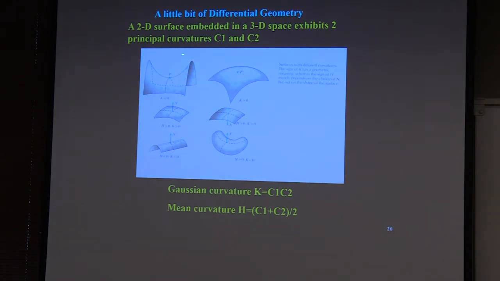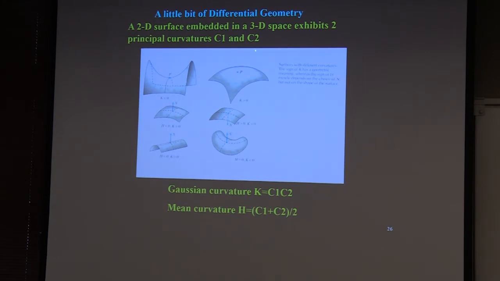Well, I will start with a little bit of differential geometry. Here we have a two-dimensional surface embedded in a three-dimensional space, because we need to work in 3 dimensions. It exhibits two principal curvatures, just two. And this can be proved in differential geometry.